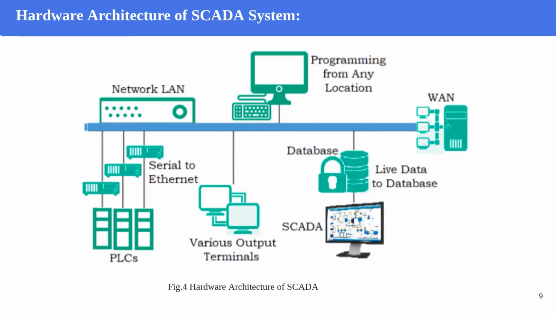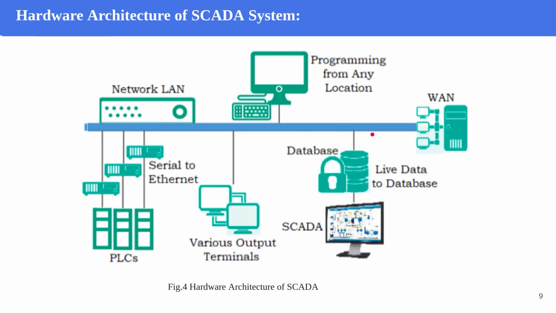In the hardware architecture, we have a SCADA station that refers to the servers, and it is composed of a single, for example, personal computer. The data servers can communicate with devices through the process controllers like PLCs and RTUs, and the PLCs are connected to the data servers either directly or using a bus or a network.